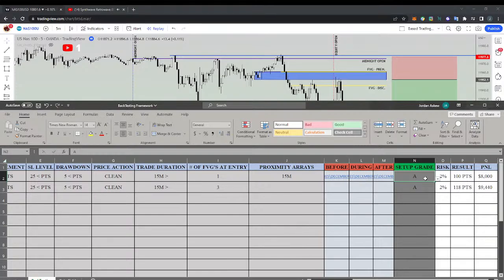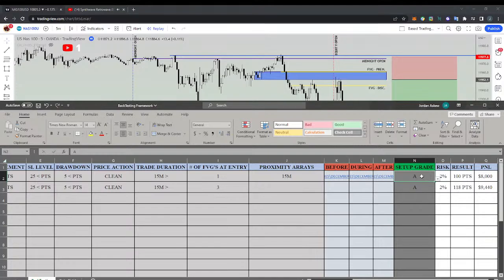Is the price action clean? Yes. Was there a displacement of over 60 points, which is ideal? Yes. Can you put your stop loss in 25 points or less to be safe? Yes, we can in this case, right? All those things we knew as the trade was setting itself up before we had our entry trigger.